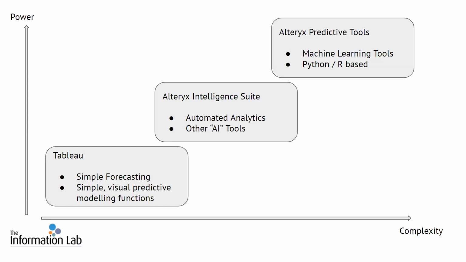So the automated analytics allows you to get very close to the power of those older predictive tools. And this new intelligence suite really just isn't as complex and allows what I term the citizen data scientist to do that work.